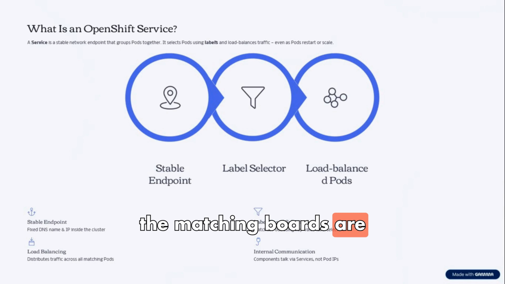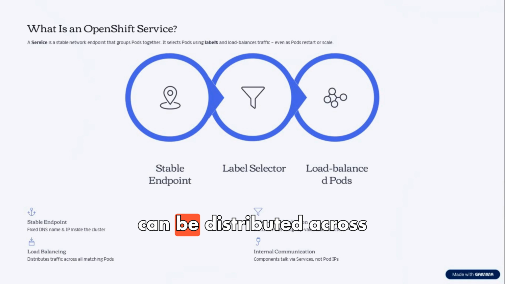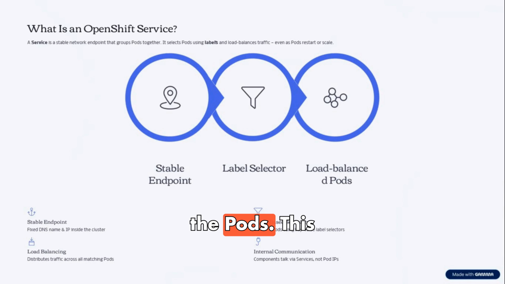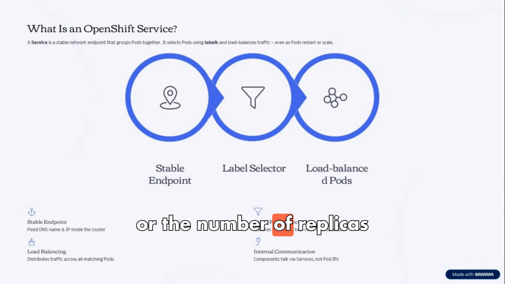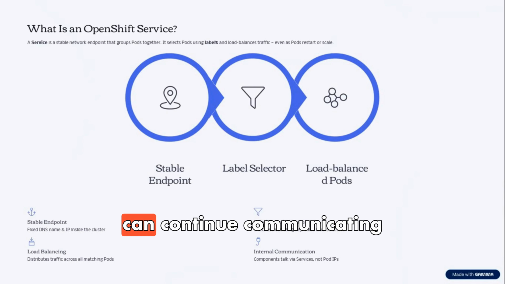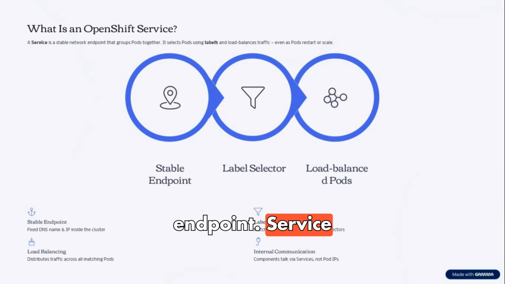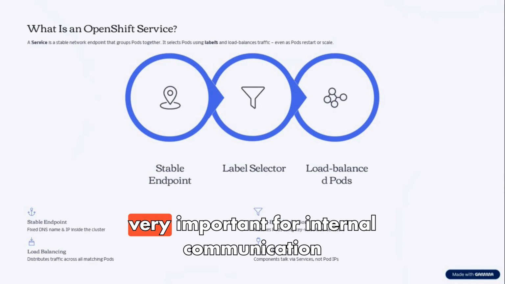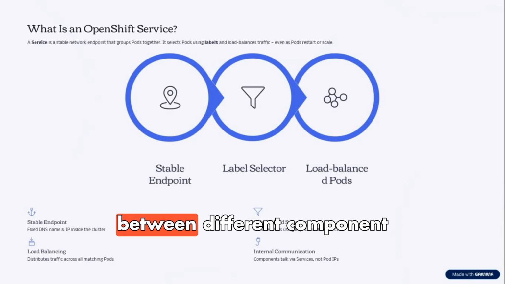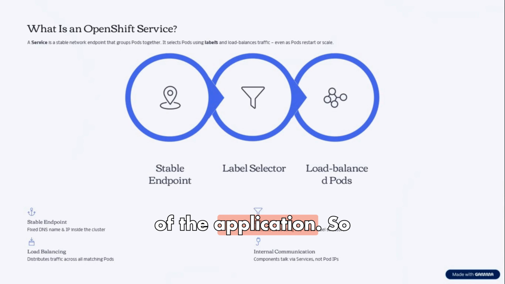Once the matching pods are identified, traffic can be distributed across the pods. This means that even if pods restart or the number of replicas changes, applications can continue communicating through the same service endpoint. Services are also very important for internal communication between different components of the application.